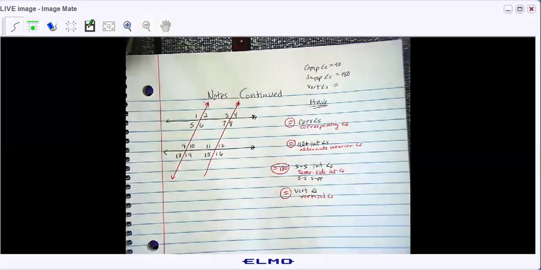Okay, so how do we identify these? That's our first question. I would suggest thinking about this like a checker game. When you're playing checkers, you get to slide your checker into different positions. You can slide it up and down, side to side.